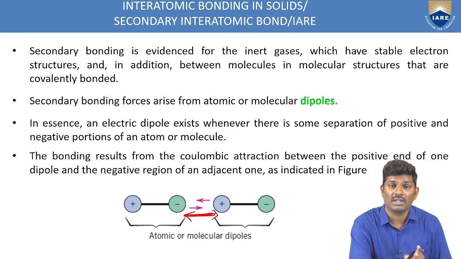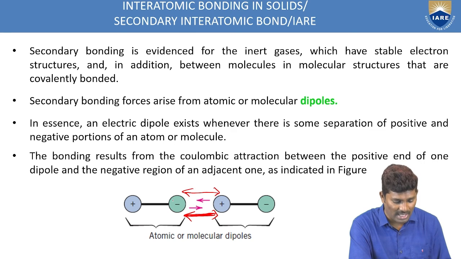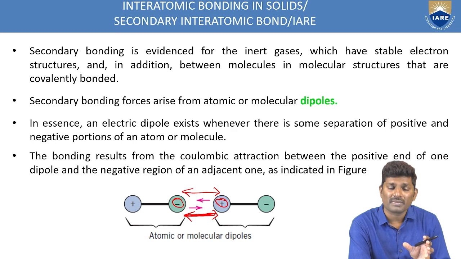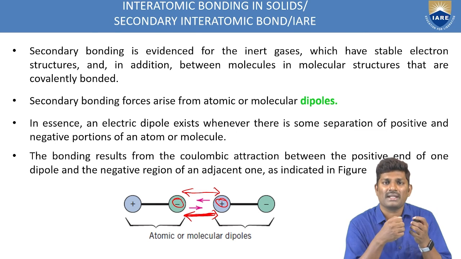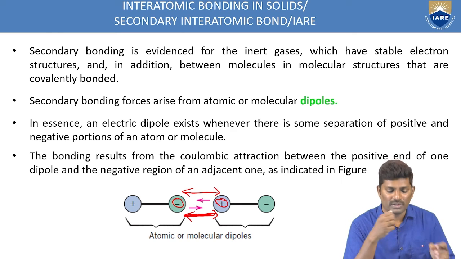Because of the dipolic nature, there is a huge difference. That is why there is less bonding energy between the elements. Though you have a negative and positive, they have to attract each other, but since there is a huge gap, there is no strong attraction between them. There is an attraction, but very little. There is very little bonding between the elements. That's why it is very, very weak.